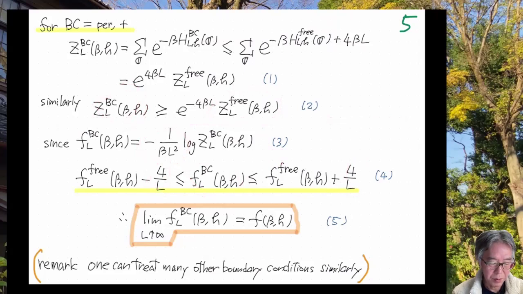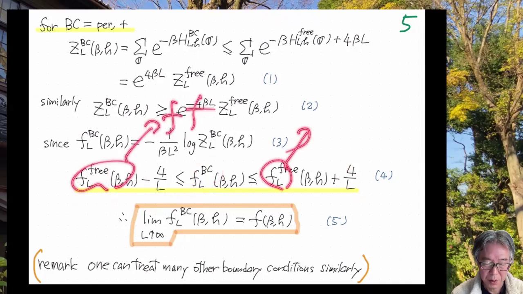Now this is quite nice, and this shows that the difference between this thing and this thing is upper bounded by 4 over L. And so if L goes to infinity, this difference becomes smaller and smaller. And so if we assume that this guy converges to some f, then this becomes small.